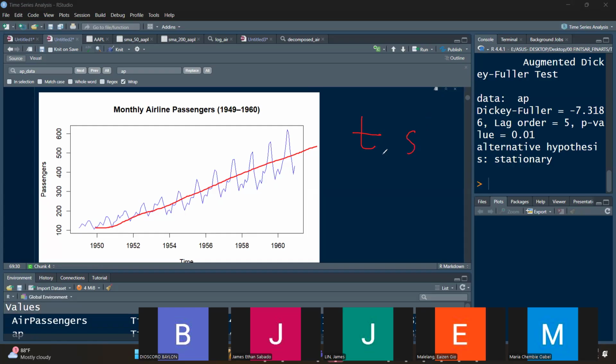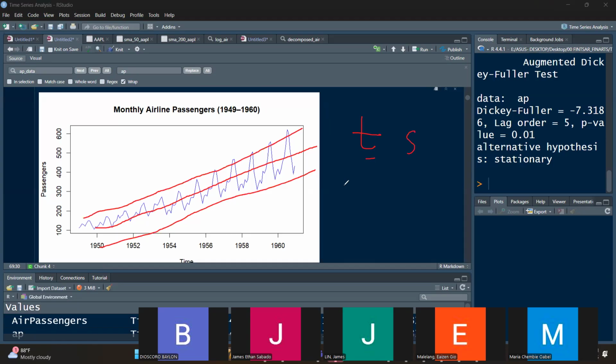What do we mean by trend stationary? It's telling us that although the data has a trend, yet it is stationary in its trend. In other words, it has a trend, but it still displays stationarity in that trend.